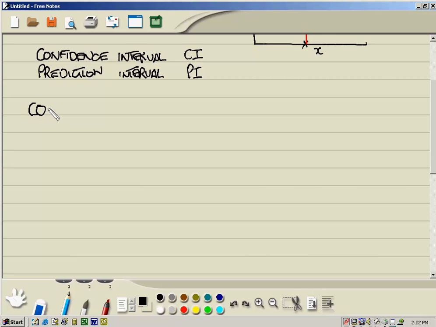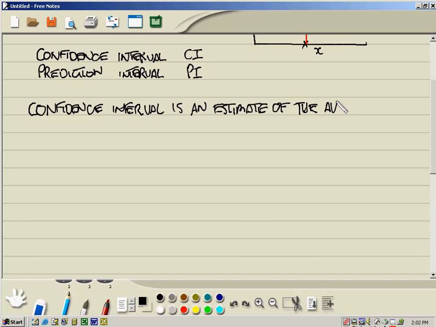The confidence interval is an interval estimate of the average or expected value of y given x.